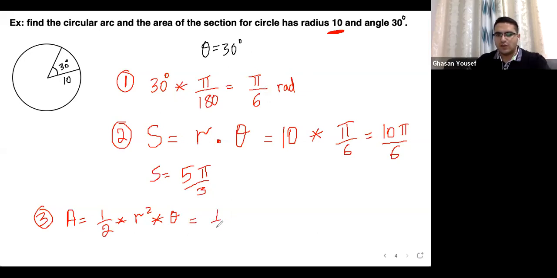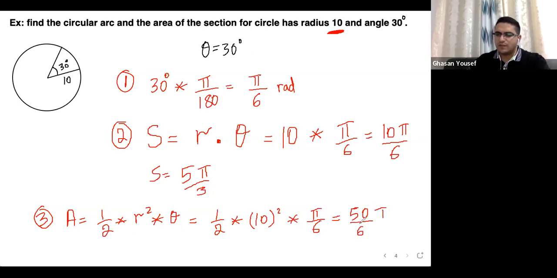So this is equal to 1/2 times 10 squared times pi over 6. And the answer is, here we have 100. 100 over 2 is 50. 50 pi over 6.